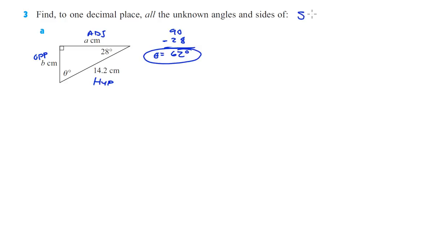So again, SOHCAHTOA. We have adjacent and hypotenuse, so that's cosine. So we'd want to do cosine of 28 equals adjacent is A over hypotenuse is 14.2. So since the number's on the bottom, we can multiply both sides by 14.2.